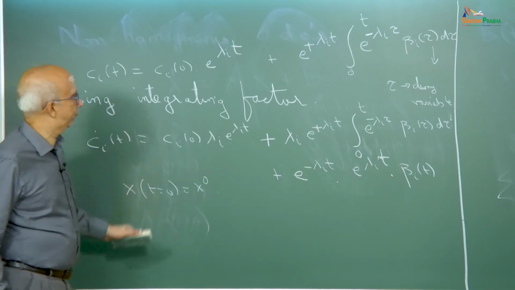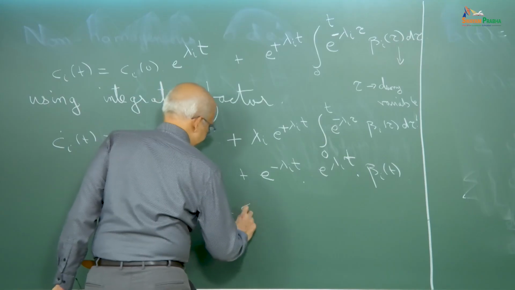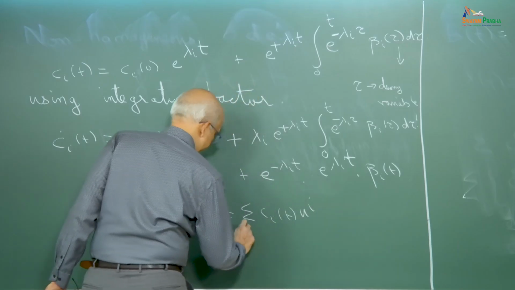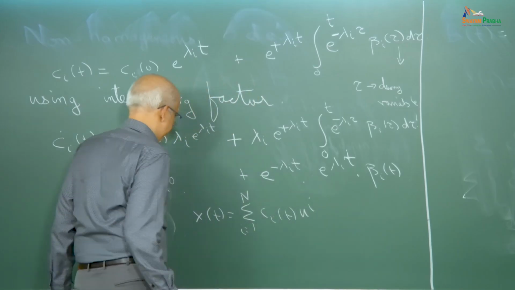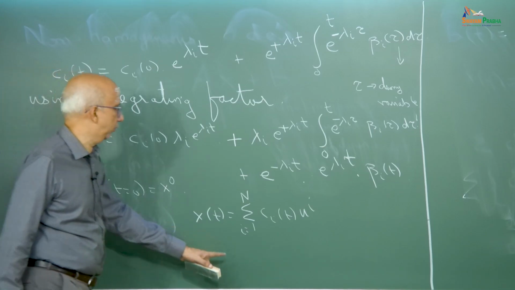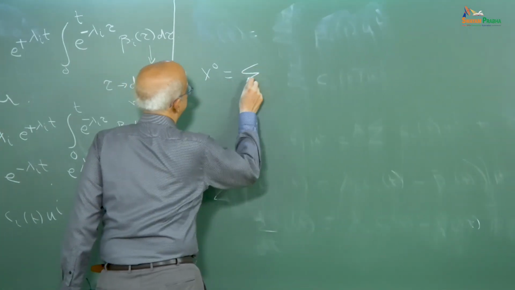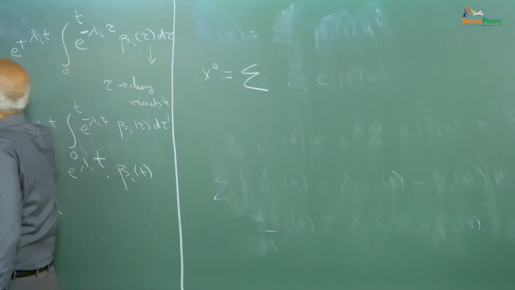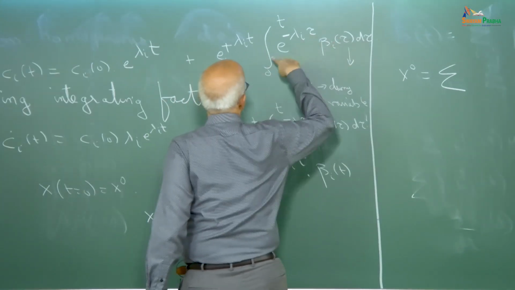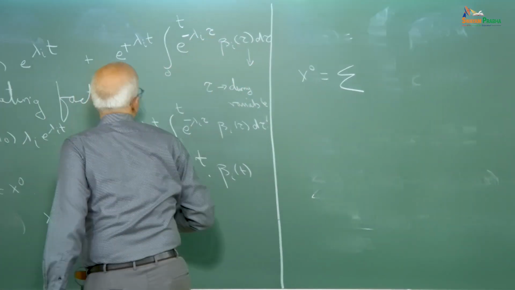So, I need to put x of t is sigma Ci of t ui at t equal to 0. This gives me x naught equals sigma, put t equal to 0, this becomes 1, this becomes 1, and this becomes 0 because now the limits are from 0 to 0. So, I get Ci of 0.